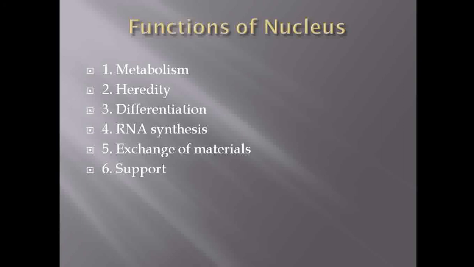Next function is RNA synthesis. The synthesis of ribosomal RNA also takes place in the nucleolus. Then exchange of materials. The exchange of materials between the cytoplasm and the cell takes place with the help of this nucleus.